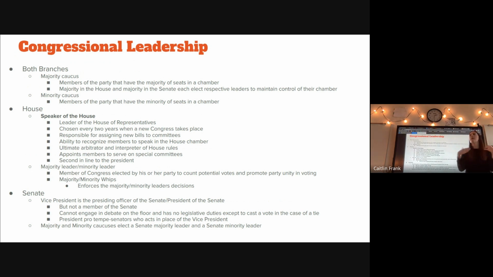So making sure the Republican Party stays along party lines and stays united. The majority whip is the enforcer of the majority leader's political alignment. So the majority whip makes sure and hands out punishments to those Republicans in the House that are not following along with Republican Party goals.